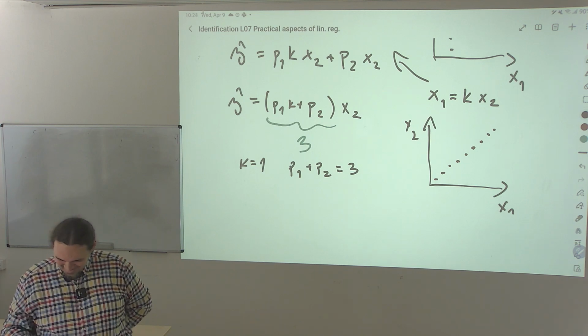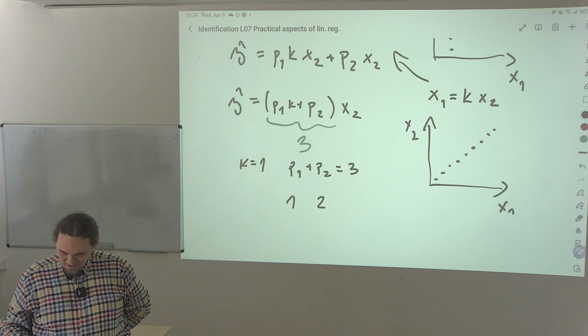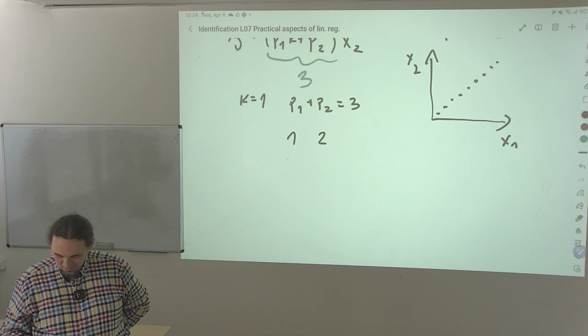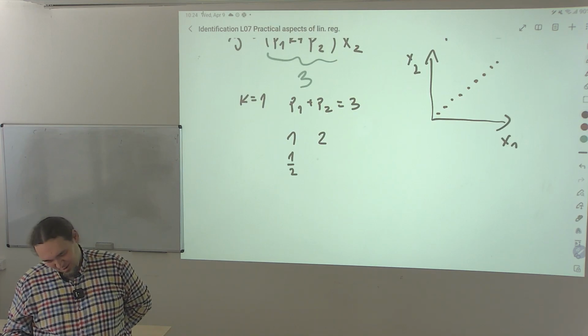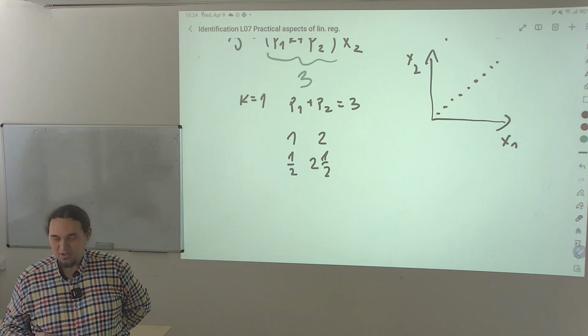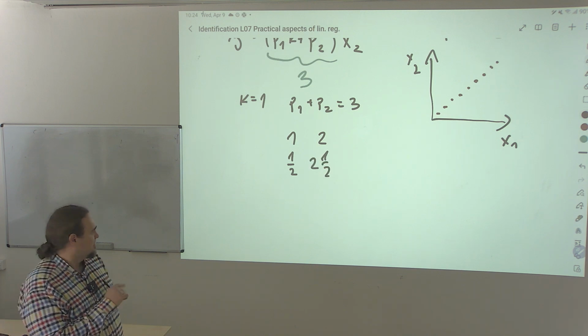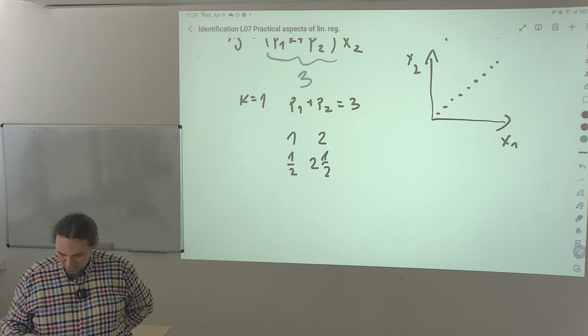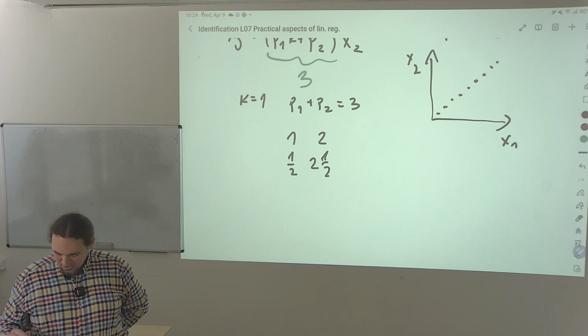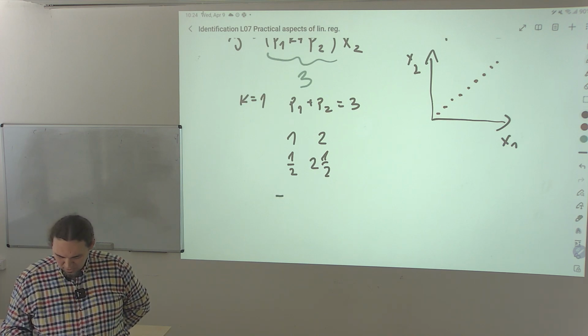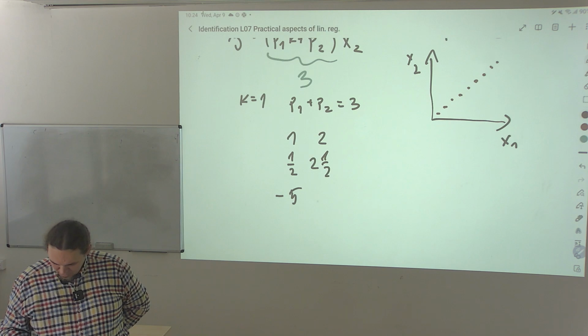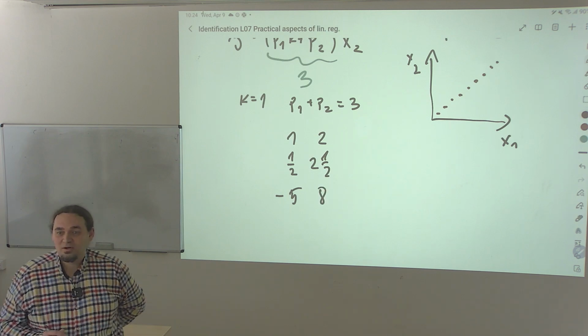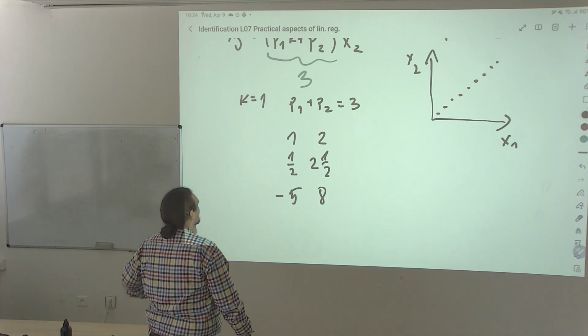Something easy. 1 and 2. 1 and a half. 1.5 and what? Equal to 3. I just chose that such that we don't have always just ones and zeros, but also -5 and 8 would work.